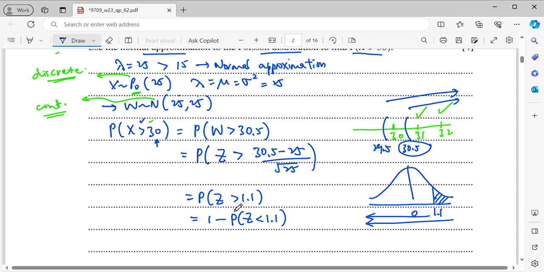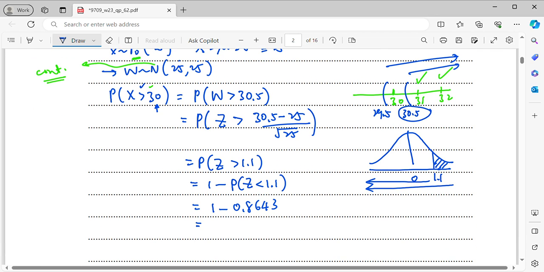Then you can read the probability from the table, and you will get 0.8643. When you simplify this, it is 0.1357. Rounding to 3 significant figures, that is 0.136. So this is the solution for 1a.